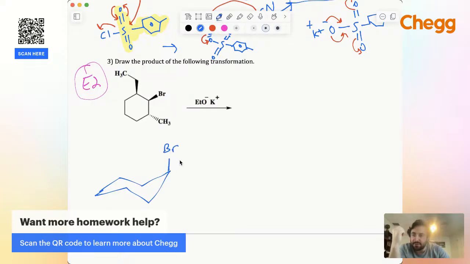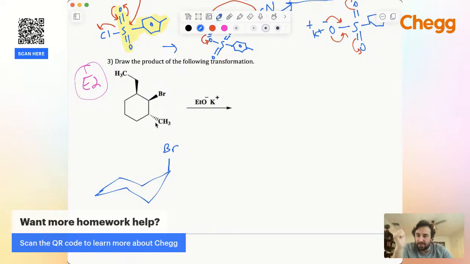So there's my leaving group. Now you could draw both chairs. I'm just going to draw the relevant chair, and the relevant chair is the one that has the leaving group in the axial position, right? The leaving group must be axial, and so must be the proton being eliminated.